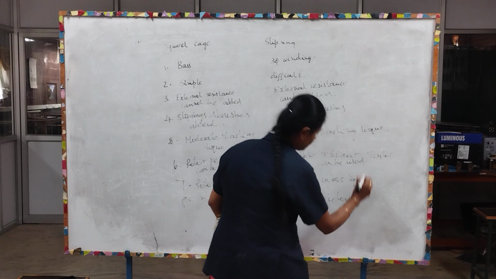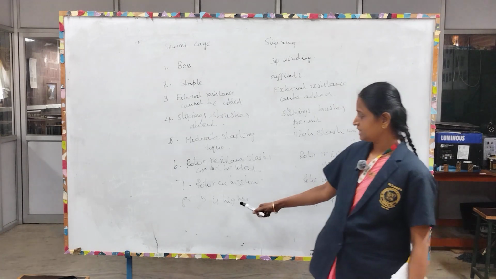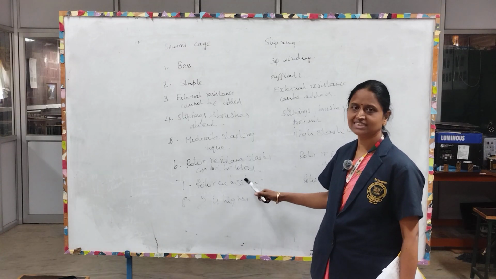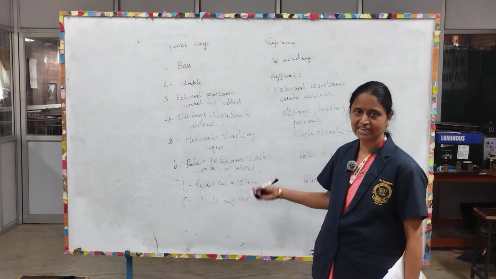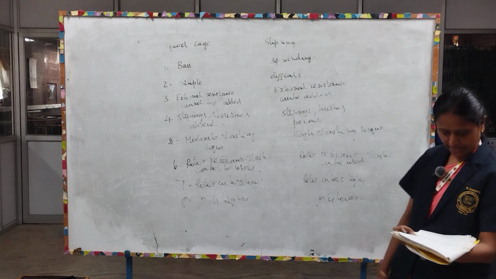What is efficiency? It is the ratio of output power to input power. Since we don't have resistors in squirrel cage, the efficiency is higher because rotor copper losses are very low.